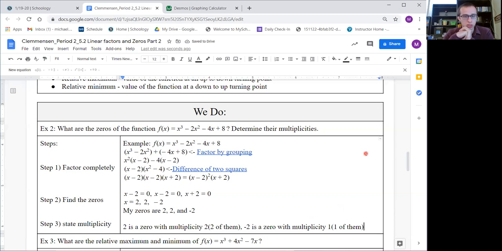So really that's what we're just talking about. We're just taking it one step further from our answer that we got last time, that my zeros are some numbers. And now we're adding on this multiplicity part where we're talking about how many of each number there are. Does that answer your question?